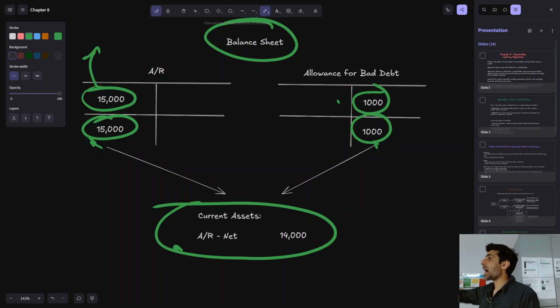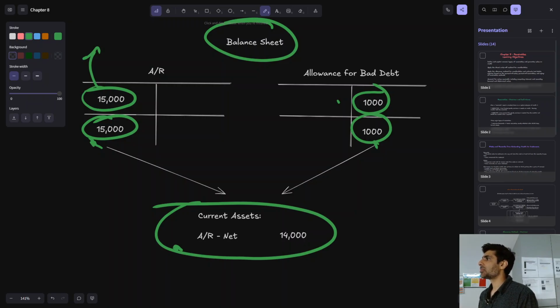At the end of that period, it depends on how often you do your adjusting entries. If you did adjusting entries every month, you would have an estimate every month and do an adjusting entry every month to update this. You're going to see that when an account receivable actually goes bad and we write it off, this allowance for bad debt will be affected.